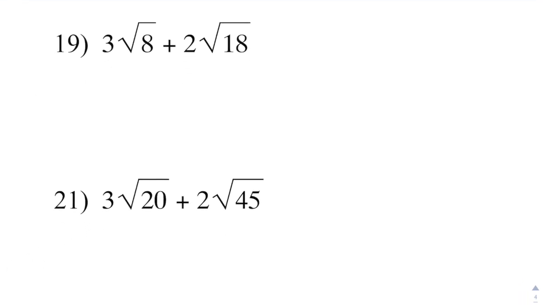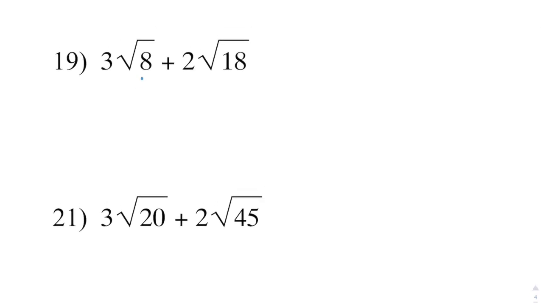Number 19. We don't have the same radicands. Look at 8 and 18. Let's try simplifying them and see if we can get them down to the same radicand, and then we can combine them. So in the first one, we have 8. That's 4 and 2. The square root of 4 is 2, so I'm going to break this down a little bit more. Looks like we have a group of 2.